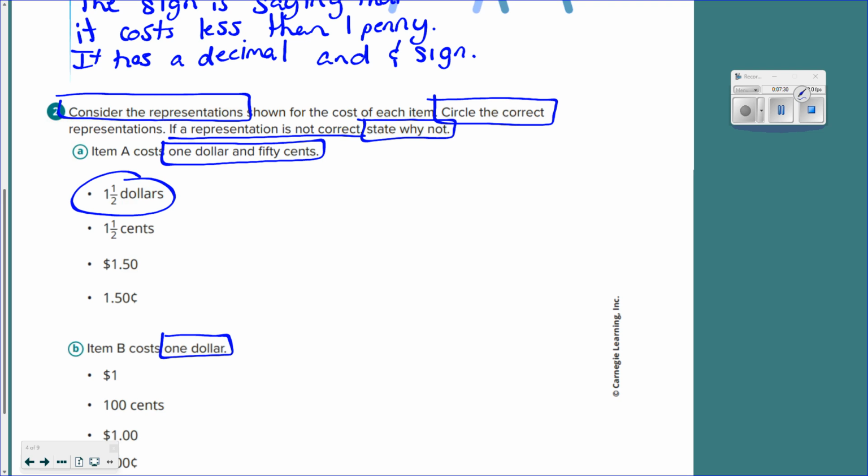Because it says cent, not dollars. All right, 1 and 50 hundredths with a dollar sign. Thumbs up, thumbs down. Okay. And 1 and 50 hundredths with a cent sign. Yes. No. This represents 1.5 pennies.